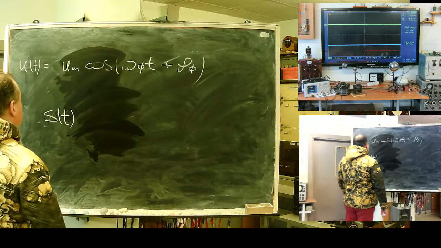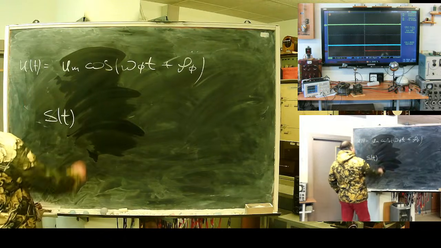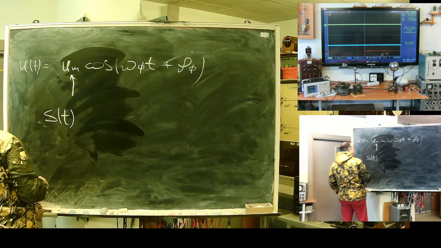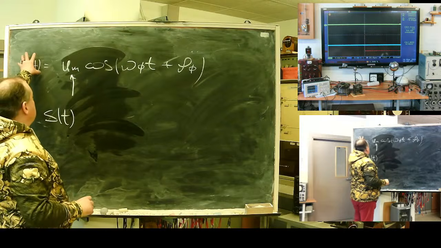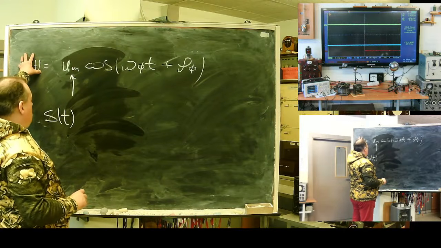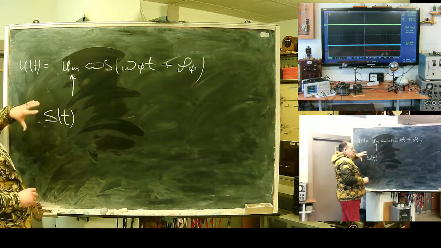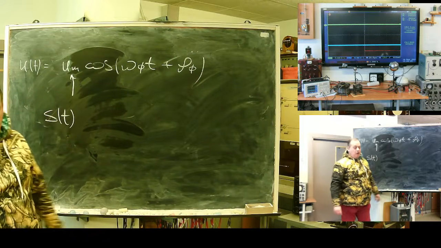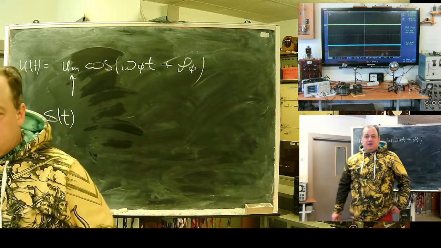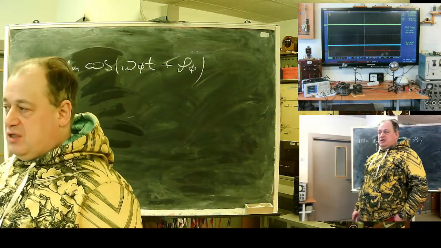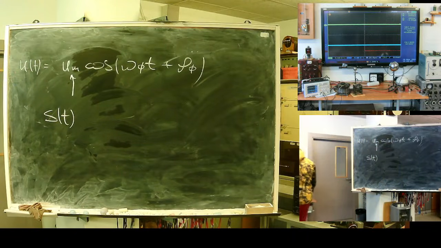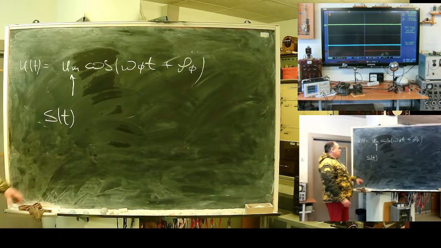What can I do? If this signal is changed in some connection with the law of the sender's signal, it is modulated. This is called modulation. It's a process when the carrier signal is changed in some way to carry information.